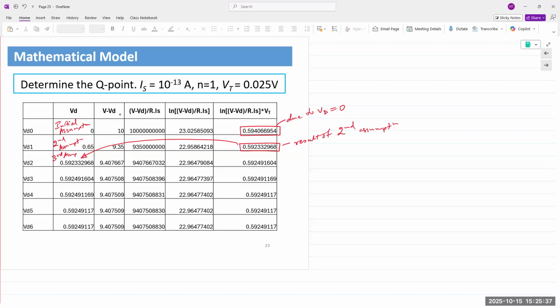In this case, the initial assumption of 0 is just to explain to students what we get. I would not start with 0. I would typically start at 0.6, 0.65, or 0.7, any one of those 3 values. So let's say I started here and then I obtain the answer here. This is the result of the third assumption.